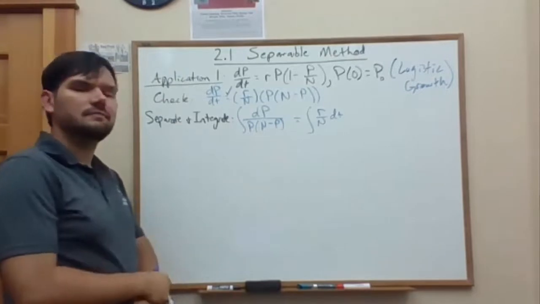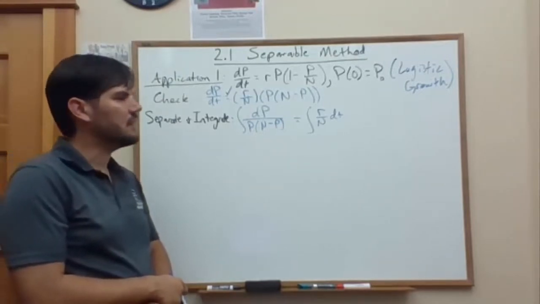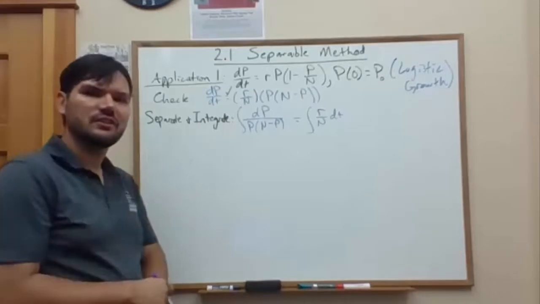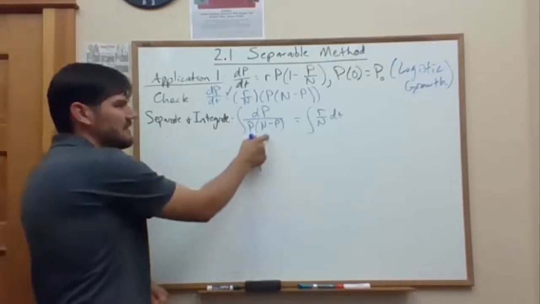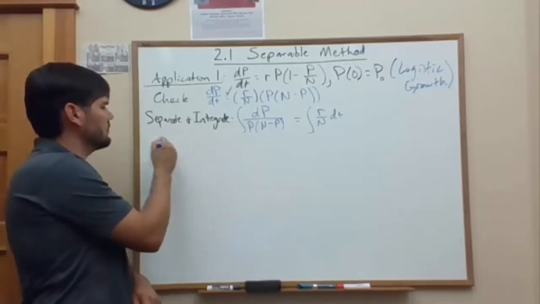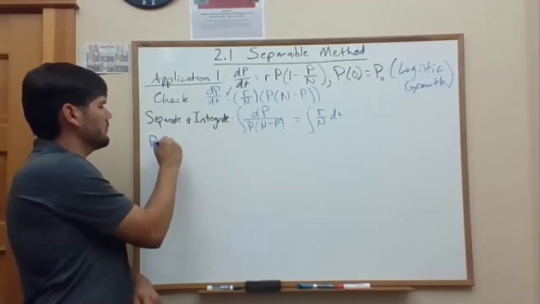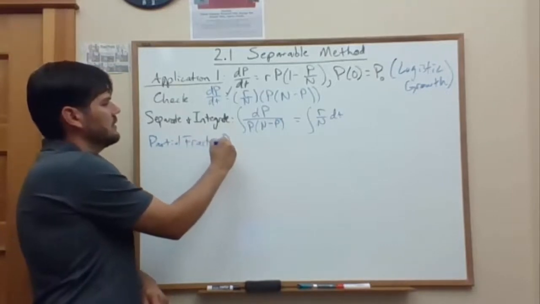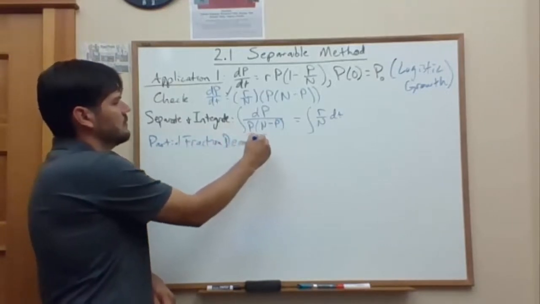On the left-hand side, we need to use a method from Calc 2 called partial fraction decomposition to break that divisor up into components.